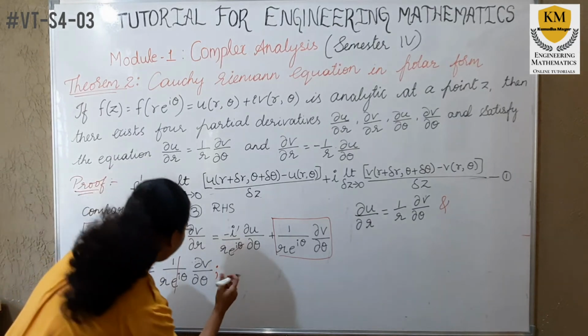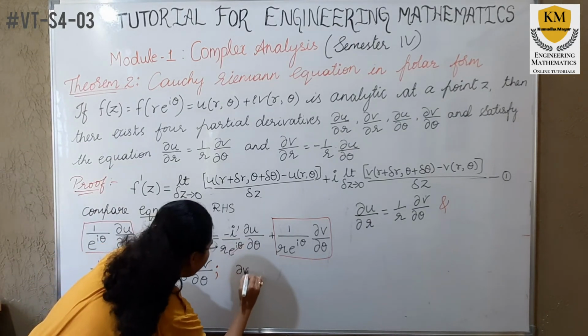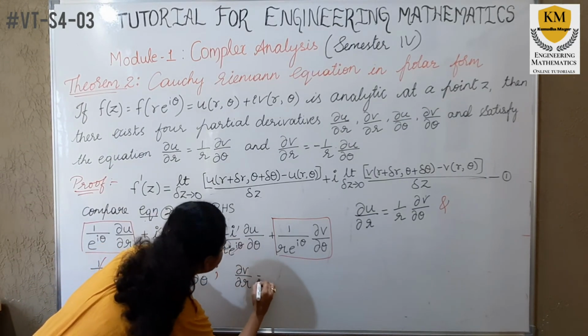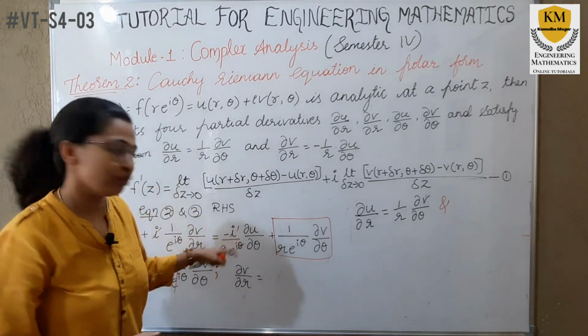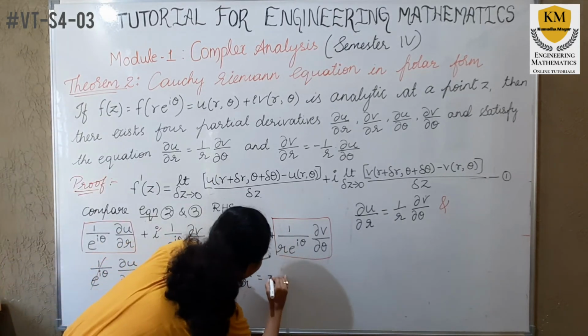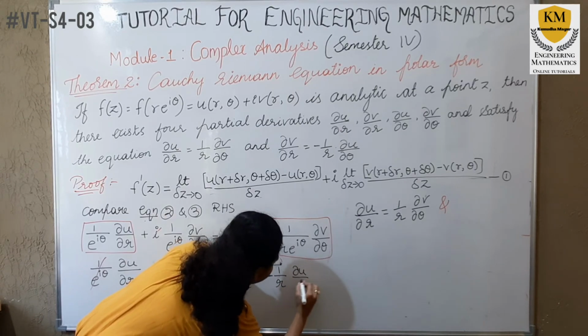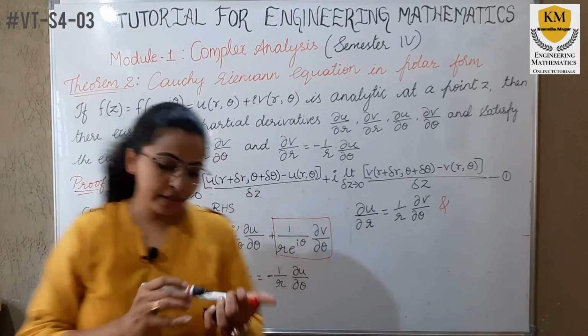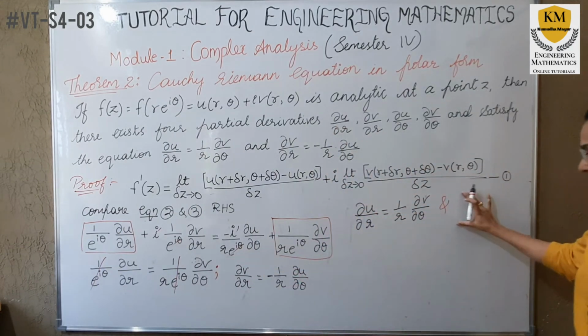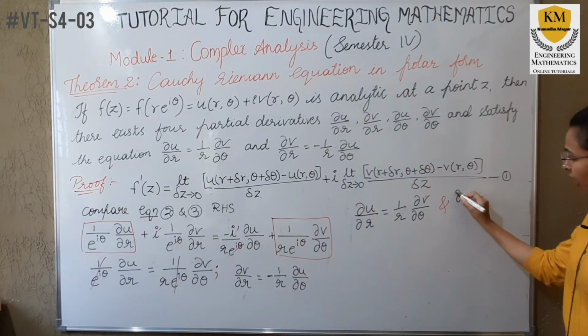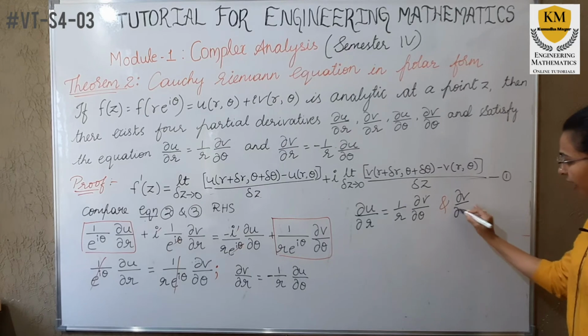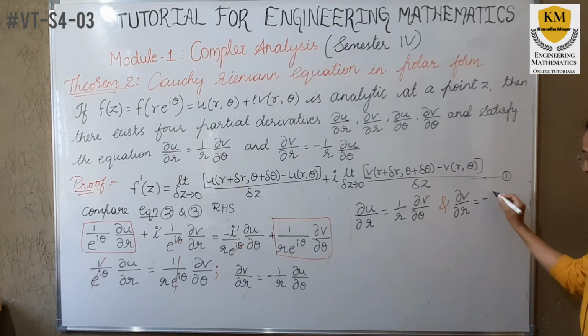So you are left with only del v by del r is equal to, this negative plays a major role, don't forget this negative, minus 1 by r into del u by del theta. Let me write that here. Intentionally I left this blank. That gives you del v by del r is equal to minus 1 by r into del u by del theta.